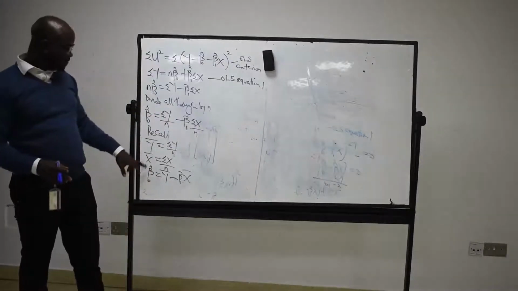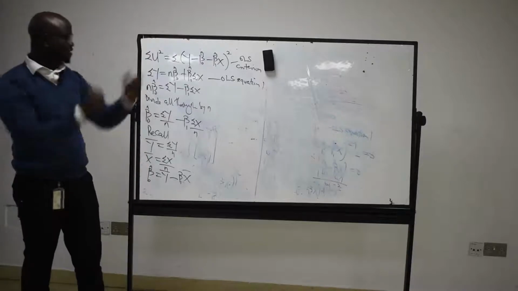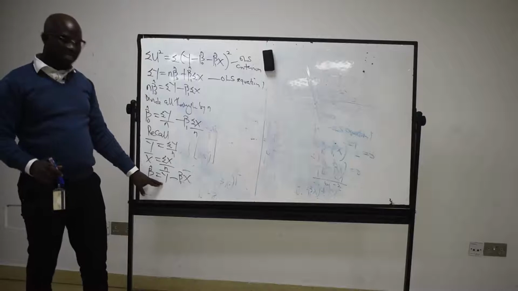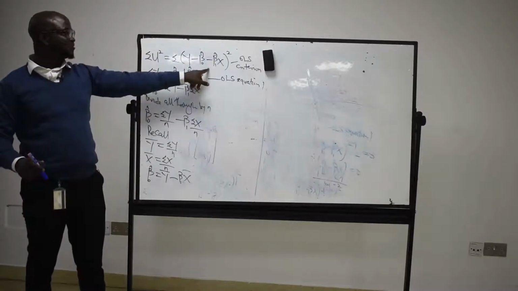Then what is now the derivation formula for beta 1? For beta 1, we substitute this beta naught inside the OLS criterion.